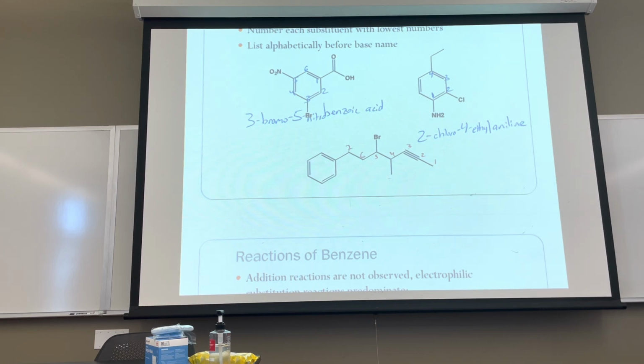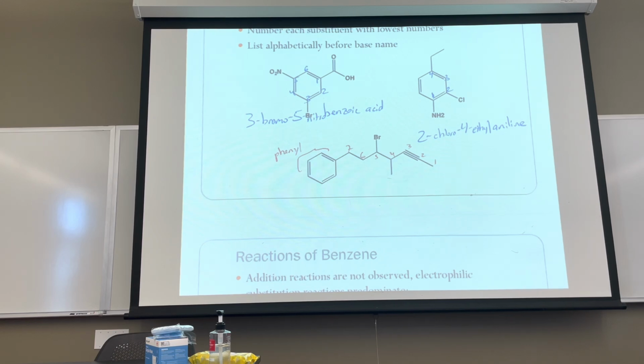Because the parent then is going to be an alkyne compound. And so if we're saying that the parent is an alkyne, that means we want the triple bond to have the lowest number possible. So this is just going to end up being a straight chain alkyne with a phenyl substituent.